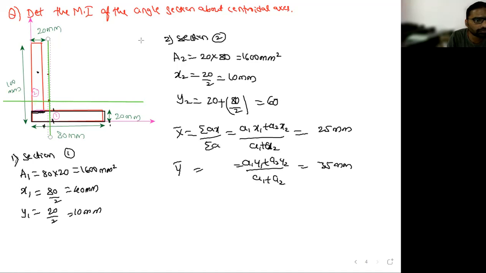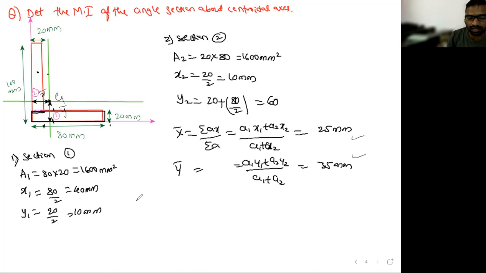This is your X bar; from here to here it is X bar, and from here to here is your Y bar. This is the X bar value, this is the Y bar value, 25 and 35. Is it clear, everyone? Yes, sir. So you got the value of G. Is the problem completed? No, it is not yet completed.